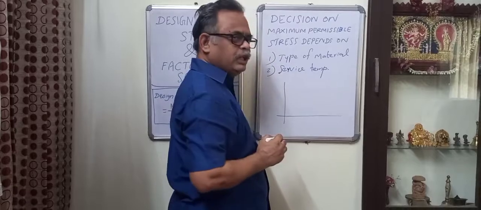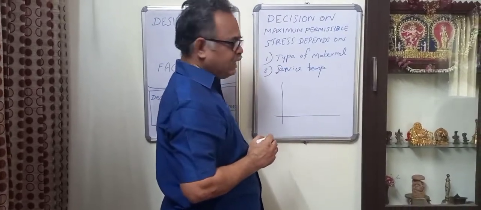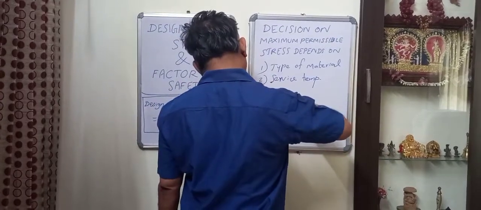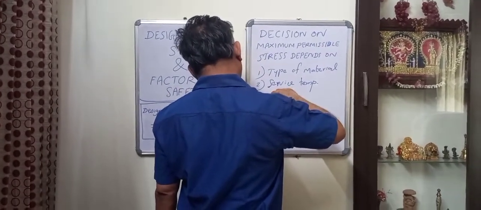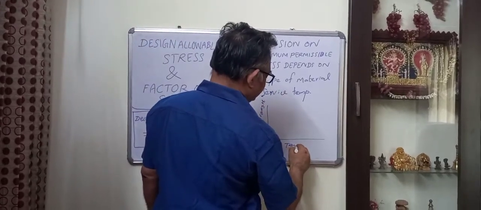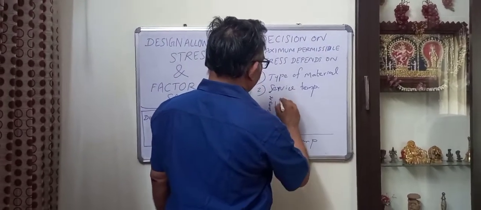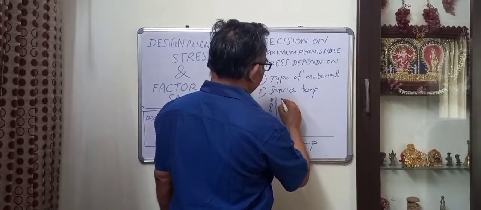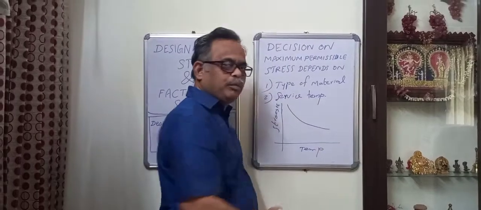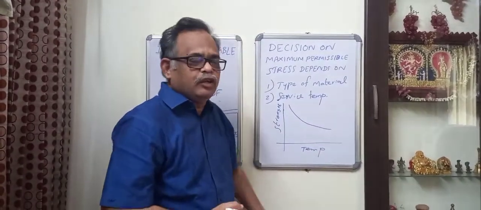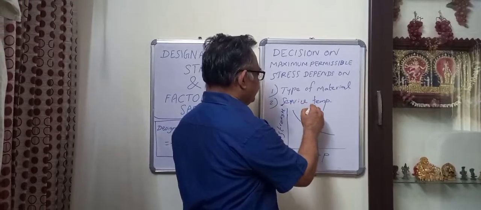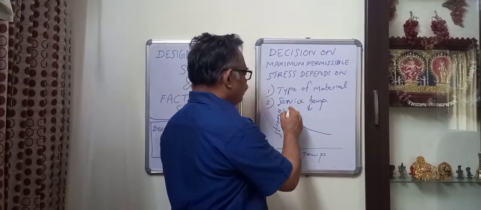One is based on the ductile to brittle transition temperature, and the other is this: if y-axis is the strength and x-axis temperature, then for high temperature materials, the strength goes on decreasing like this as temperature increases, right?